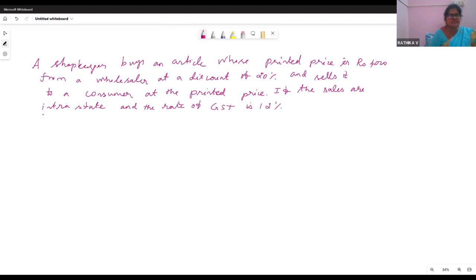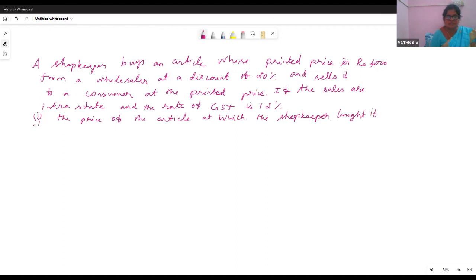There are subdivisions. First subdivision, the price of the article at which the shopkeeper bought it.